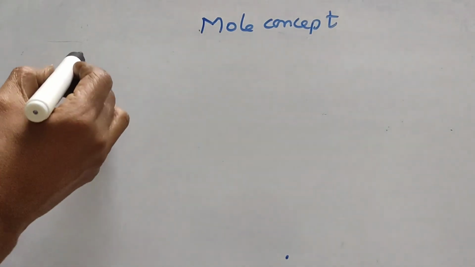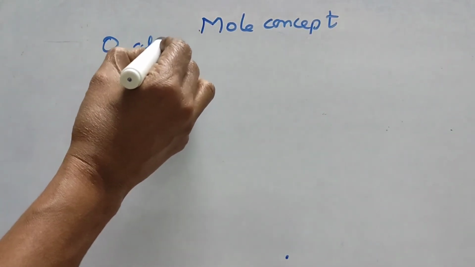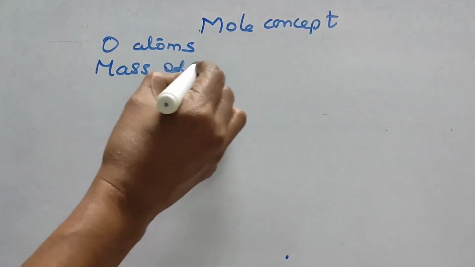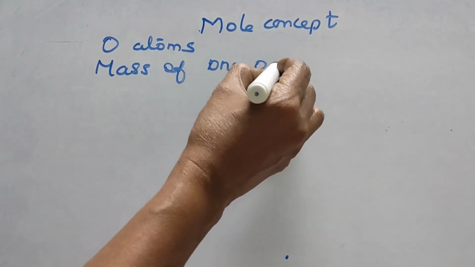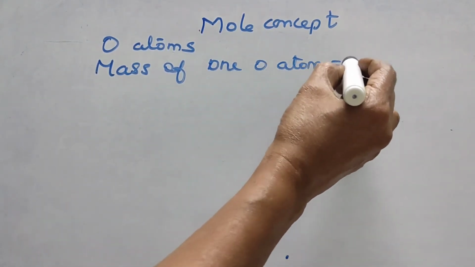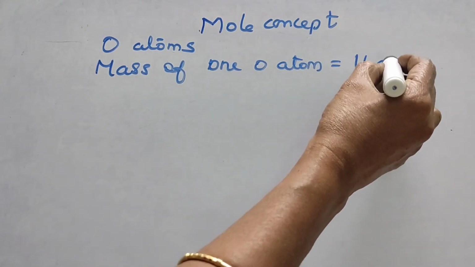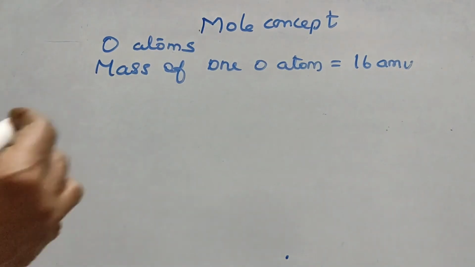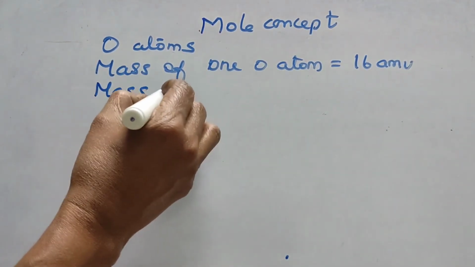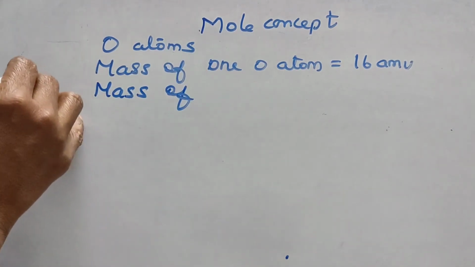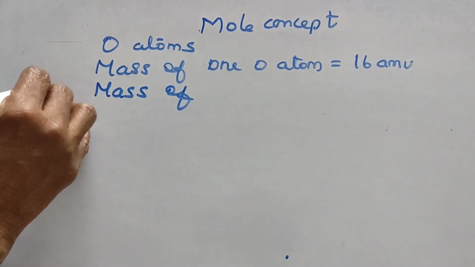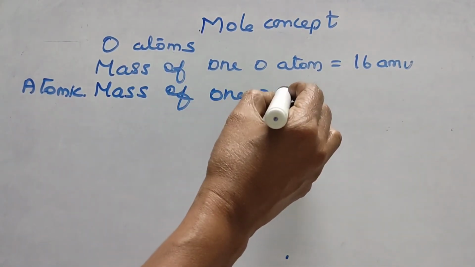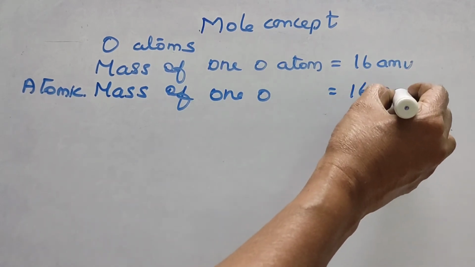Let us see one more example, oxygen atoms. The mass of 1 oxygen atom is 16 AMU. The gram atomic mass of oxygen is 16 gram. AMU means the mass of 1 oxygen atom is 16 AMU.